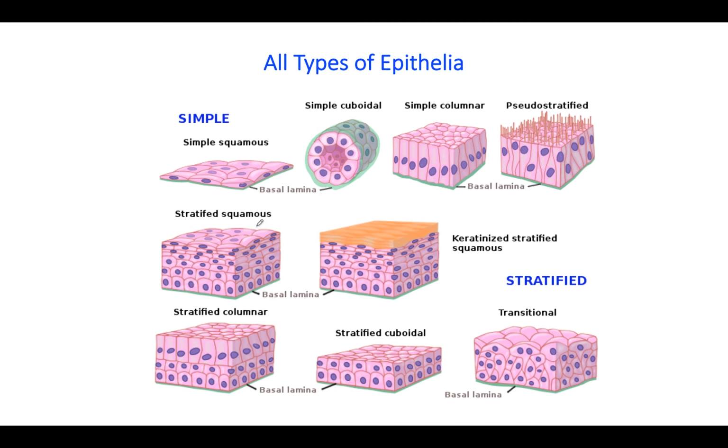Stratified epithelia can be further subcategorized: stratified columnar, stratified cuboidal, stratified squamous. Transitional epithelia, of course, has several layers, but we do not call it stratified transitional epithelium. We just call it transitional epithelium. So we will study them one by one in detail.